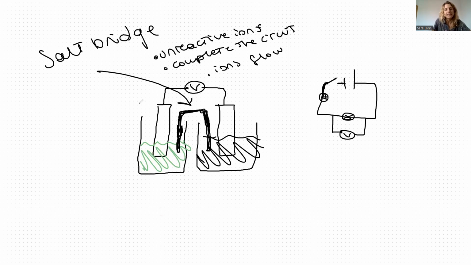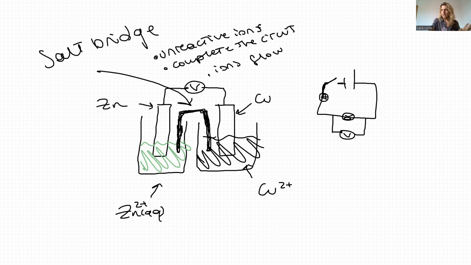Let's say this is zinc and this is zinc in solution, which means it is a 2+ ion, and this is solid copper, the solid electrode, and this is our copper solution. Remember that the electrons flow from left to right.